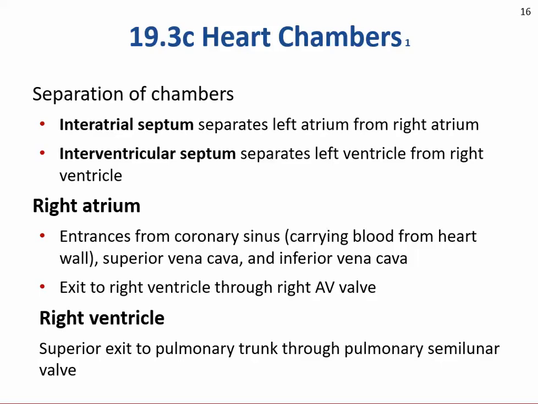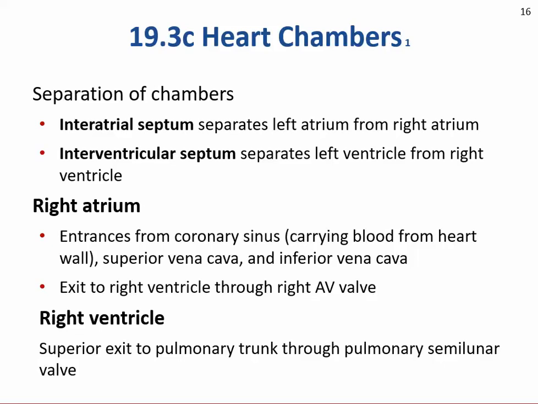All the coronary veins drain back to this collecting chamber called the coronary sinus, which dumps into the right atrium. So all three of these things are carrying deoxygenated systemic circulation blood.